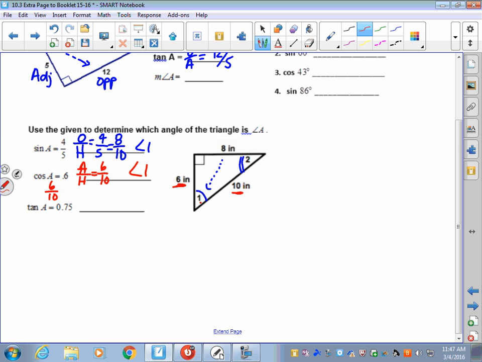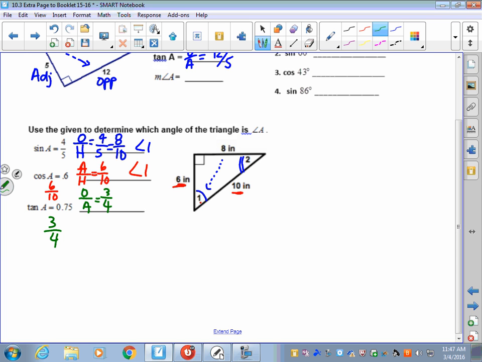Okay? Angle 1. So now we have the tangent of 0.75. Well, the tangent 0.75, I can change that to 3/4. That's the same thing. We need the ratio, we need the fraction. And tangent is opposite over adjacent. So if I had 3 over 4, 3 is the opposite side. Well, I've got to look: what numbers would give me a ratio of 3 over 4?